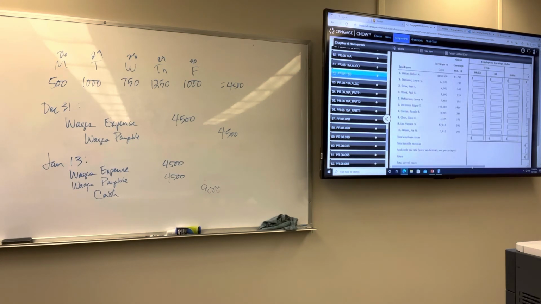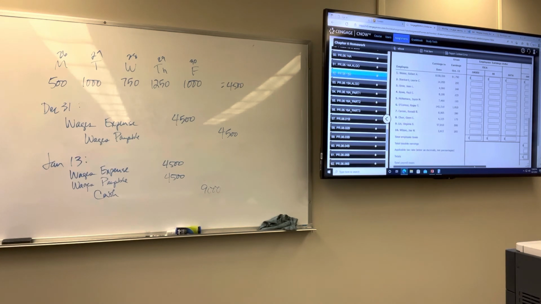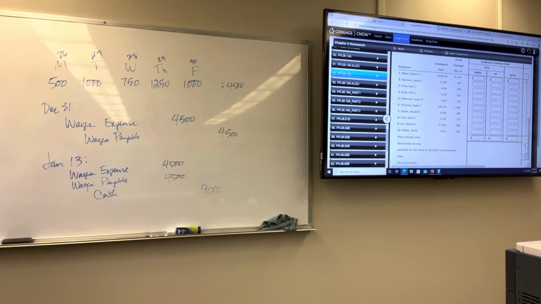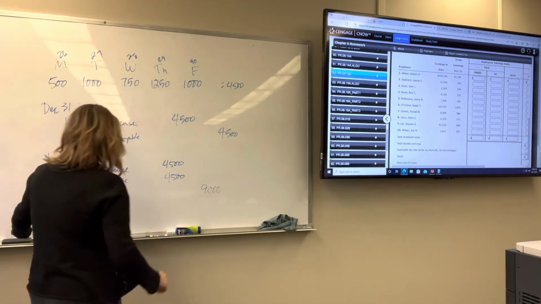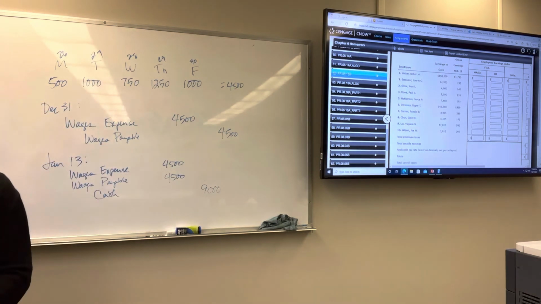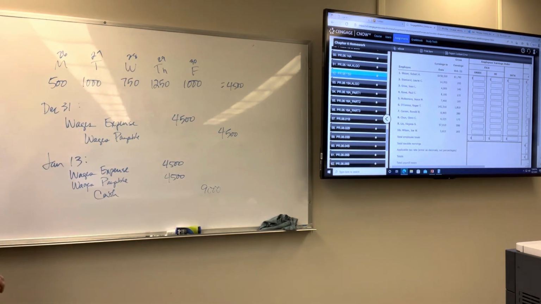Okay, let's help out Keaton here. Roger O'Connor. So, his earnings to date are $142,510. And in this pay period, he is earning $1,810.